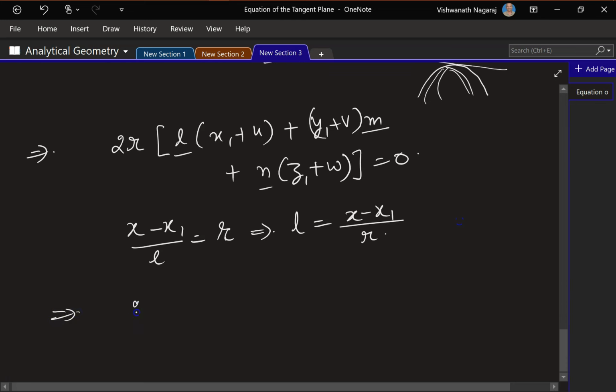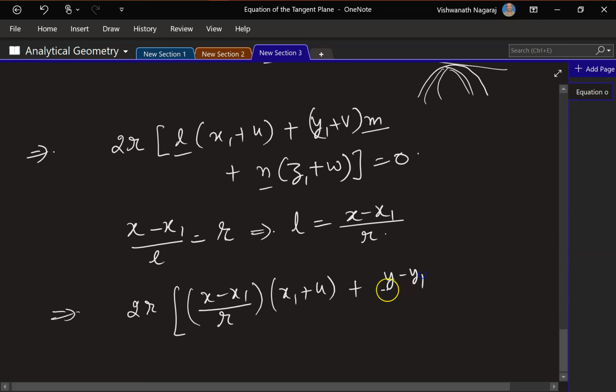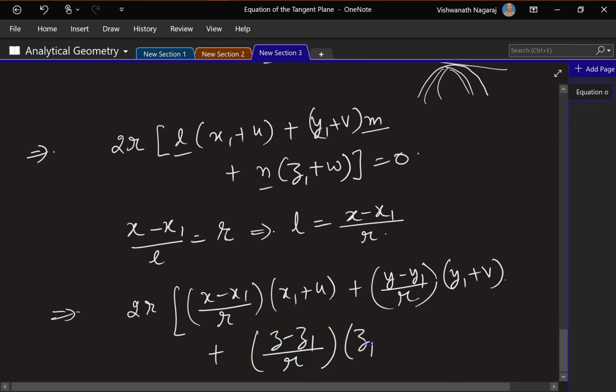So keeping this in mind, our expression will become (x minus x1) by R times (x1 plus u), plus M will become, not x, (y minus y1) by R times (y1 plus v), and N will become (z minus z1) by R times (z1 plus w), equal to 0.